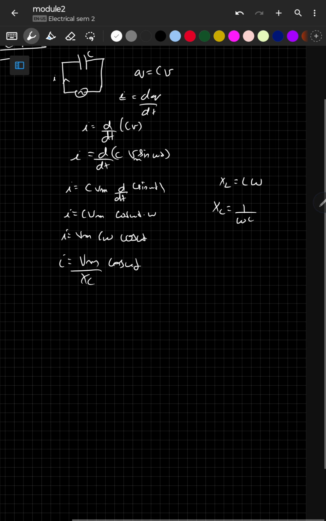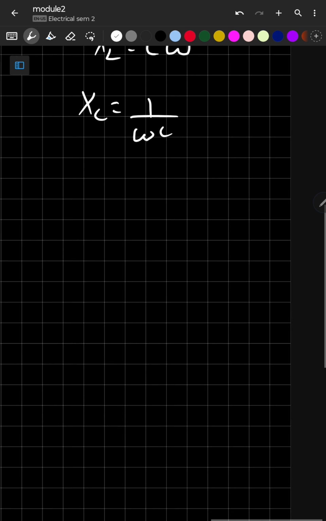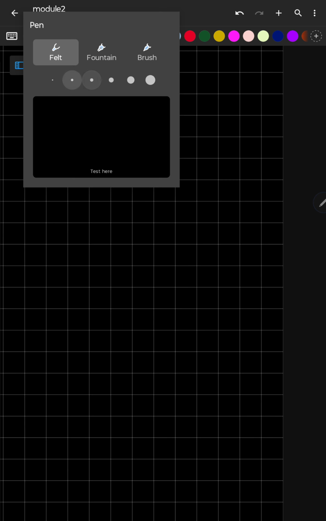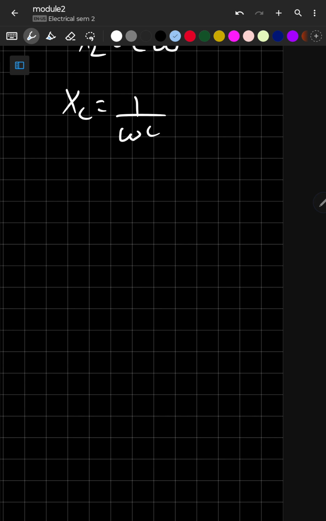I told you that in pure inductor and pure capacitor we want it in the form of pi by 2. So cos theta, here I am going to do it as plus, there I used it as minus, right? What did I tell at that time? Cos theta equals sin of pi by 2 minus theta. Here I am going to say cos theta equals sin of pi by 2 plus theta.